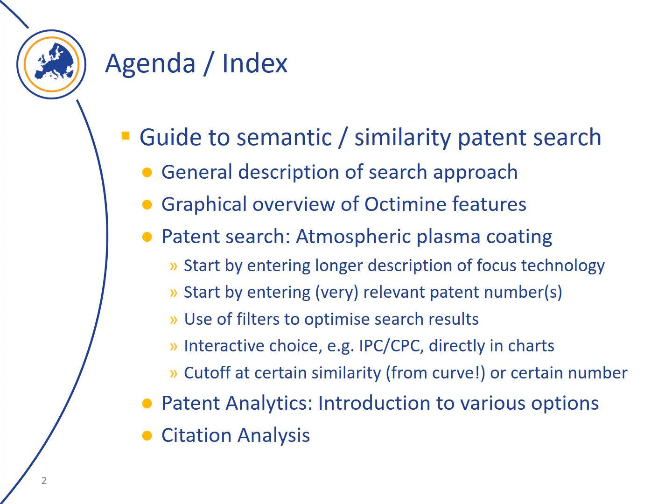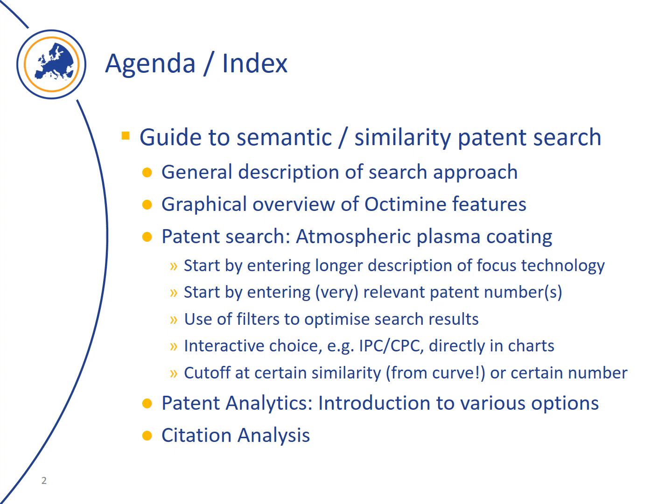Another option which is also very helpful is that one can make a cutoff at a certain similarity level. For instance, only use the 50 most similar patents for further considerations. Then I would like to show what patent analytics can do in that case.